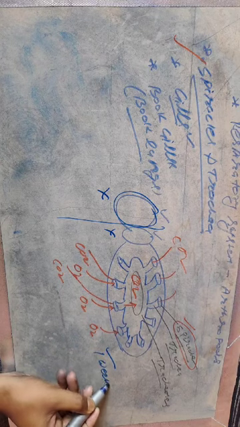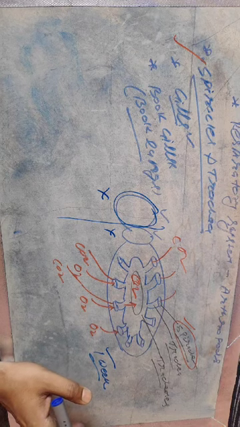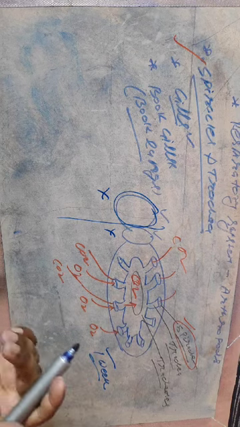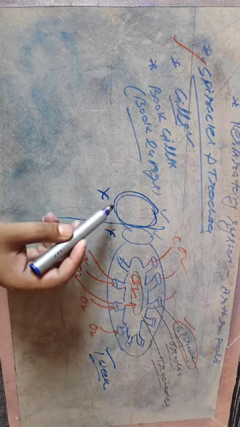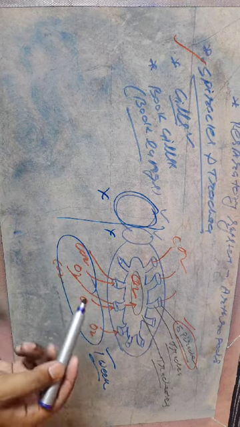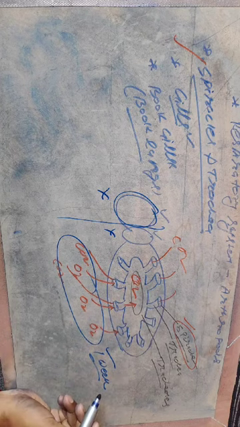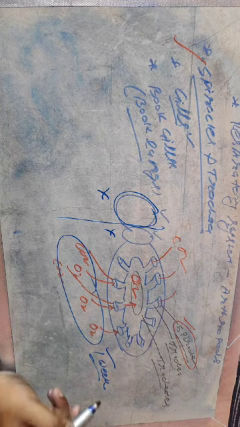Listen carefully, it may live up to 1 week. The basic reason is that after the elimination of the head, they are still able to respire and perform their metabolic activity. But why do they die after 1 week? Because of starvation.